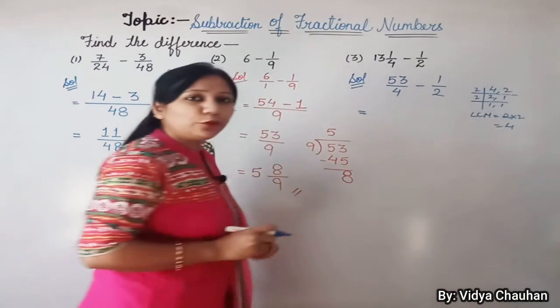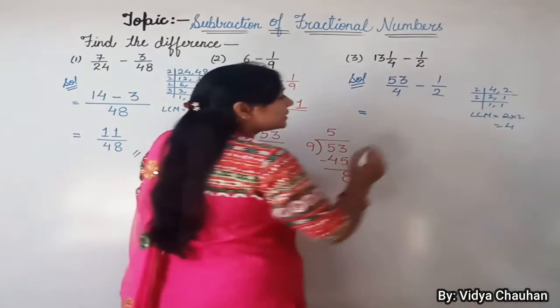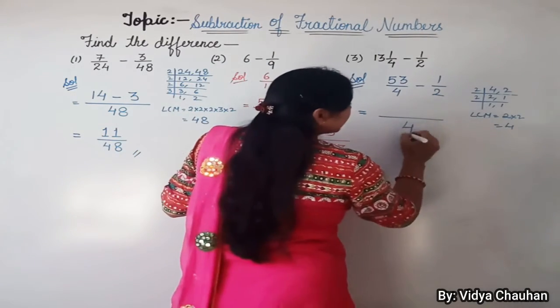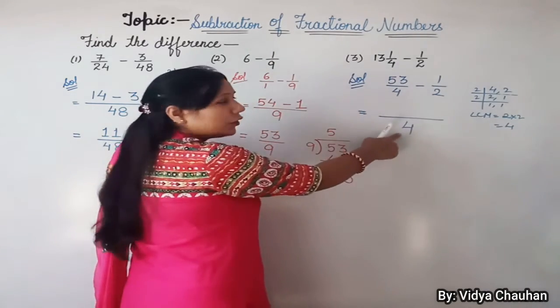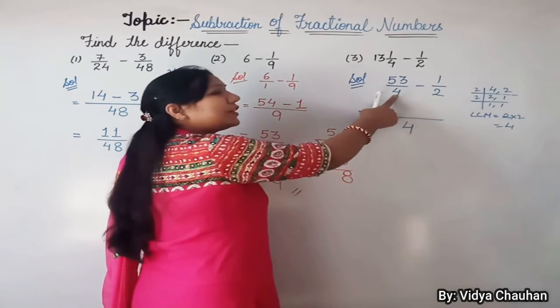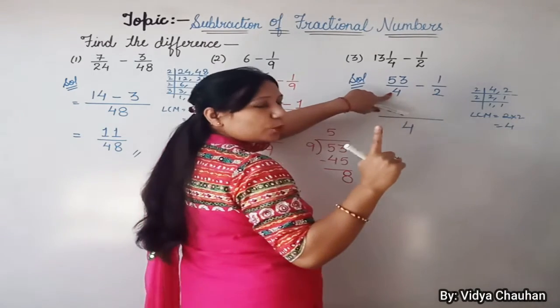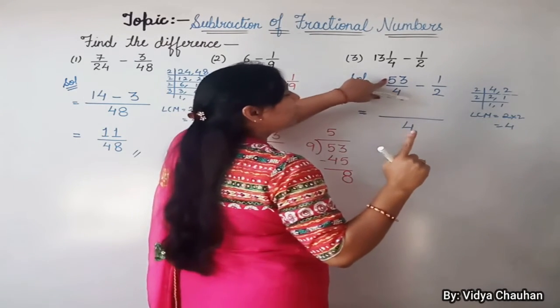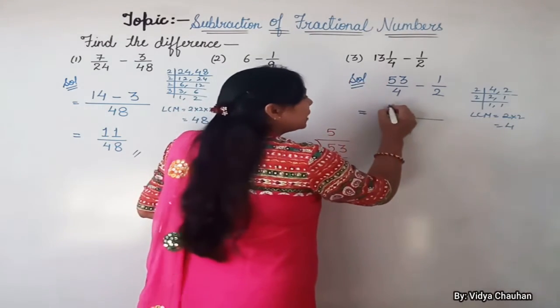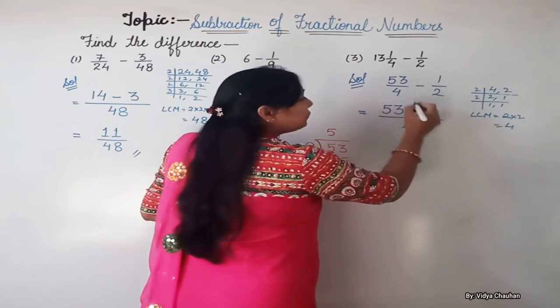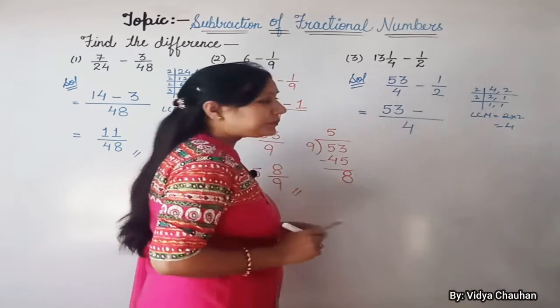So the LCM of 4 and 2 is 4. Write the 4 in the denominator. Now divide 4 by 4, the answer is 1. Multiply this 1 with the numerator, that is 53. So 53 ones are 53, minus.